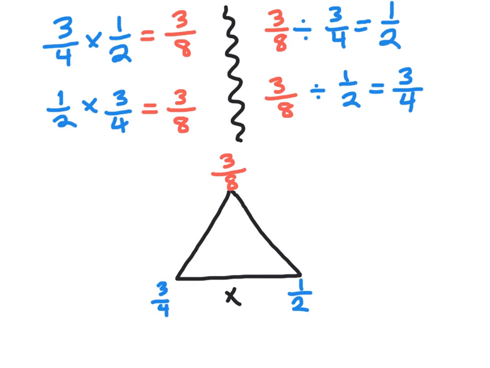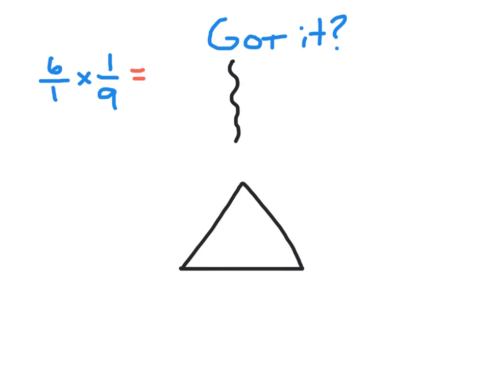In addition, 3/8 divided by 1/2 would equal 3/4. So we use the same exact concept as the previous problems, but the only difference is we're using fractions. So go ahead and try this got it problem using this fraction multiplication, and I want to see the fact families using multiplication and division, and go ahead and place those items on the triangle below.